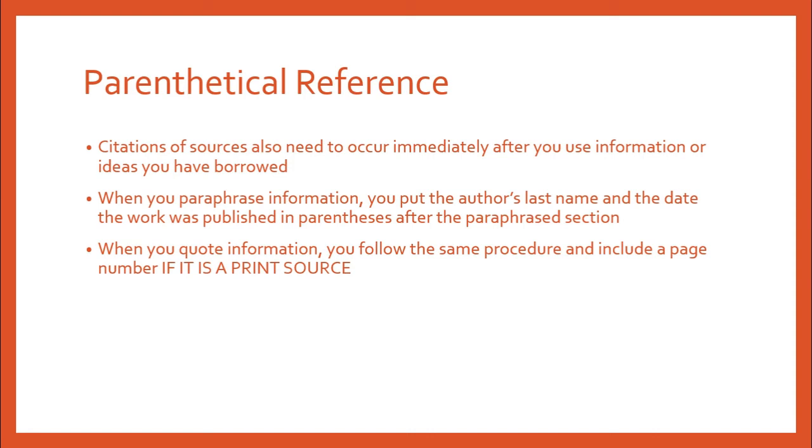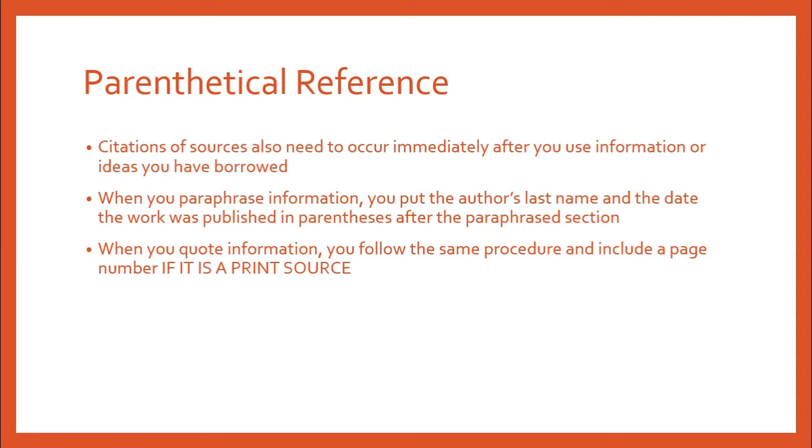Alright, so, in addition to compiling a bibliography, you also need to cite sources immediately after you use the information that you borrowed from the particular source. And depending on whether you paraphrase or quote information, that looks slightly different.